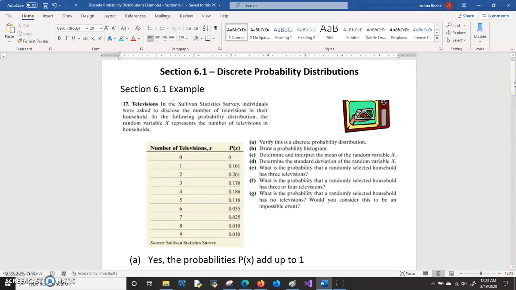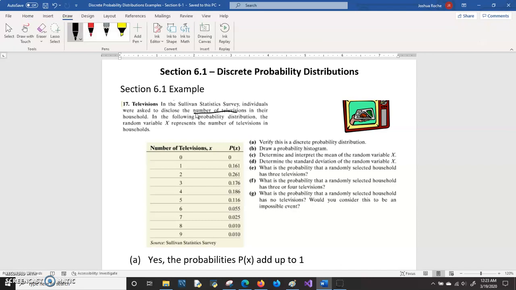So in this example, this is involving a sample of households, and the variable was the number of televisions in a household. So there's our variable. And so they did this study, and this is the result they came up with. This is all possible values of x, number of televisions in the households, and these are the probabilities.